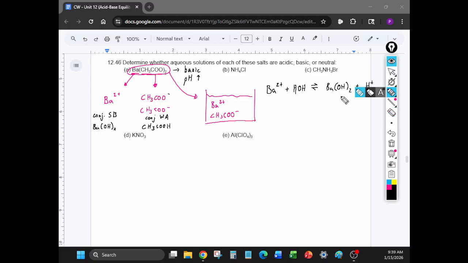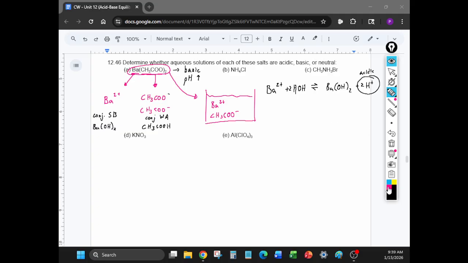If you really care about precision, you can balance this equation like that. If you add this cation and it reacts with water, if it takes the OH-, the water is going to become H+. And if you have more H+ in the solution, it should make it more acidic.